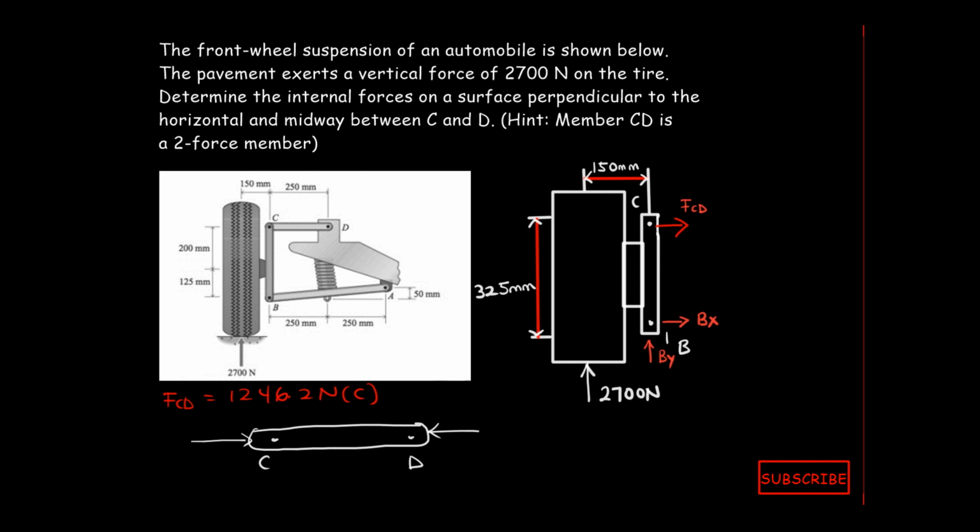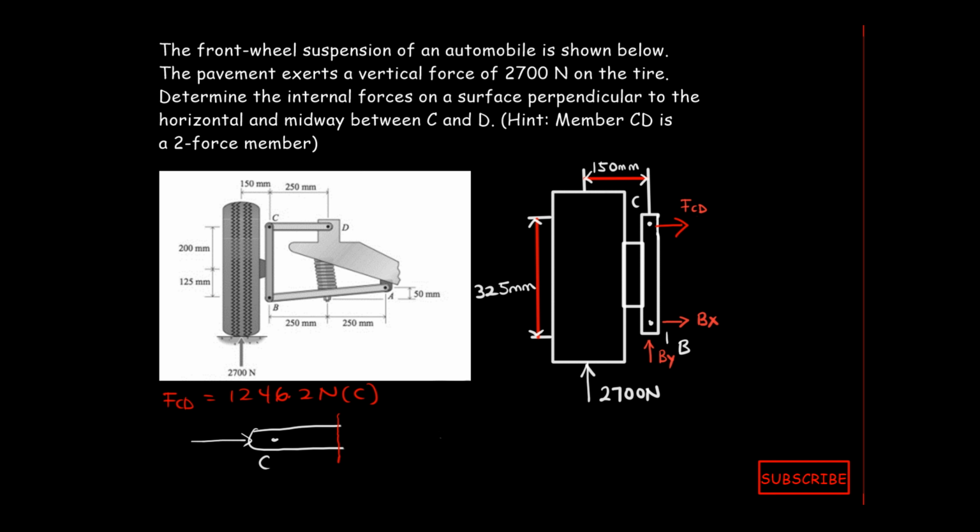Then you have to make a cut midway and perpendicular to CD. I'm going to have the cut here. After making the cut, you're going to have a surface there, and there should be a reaction there. What's the value for this reaction?